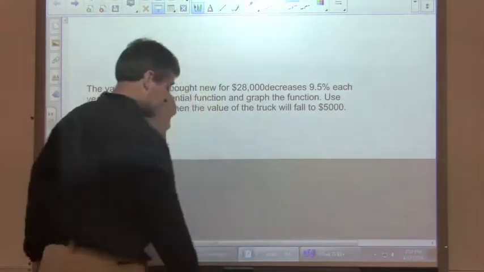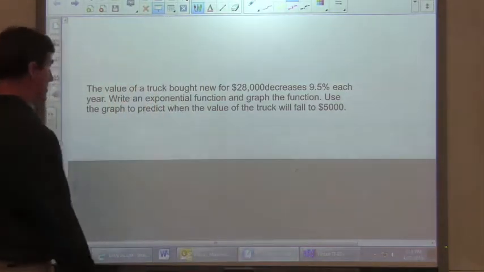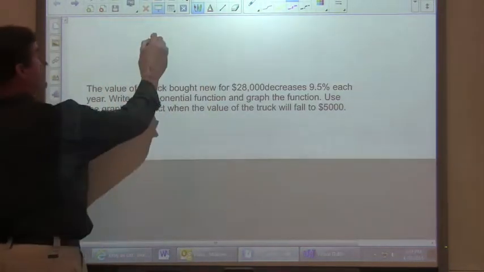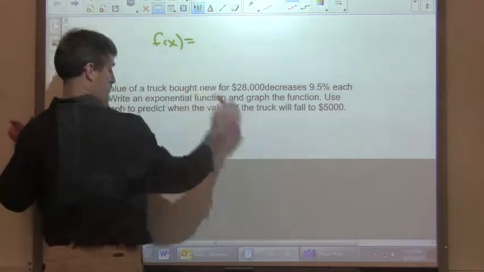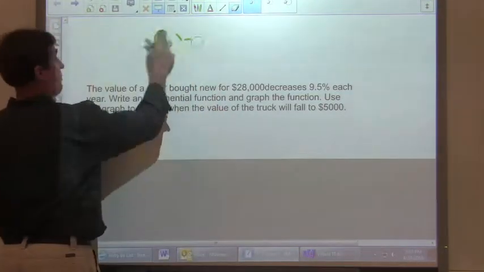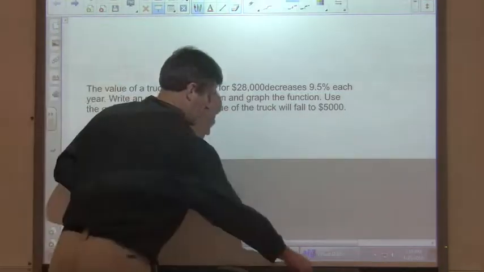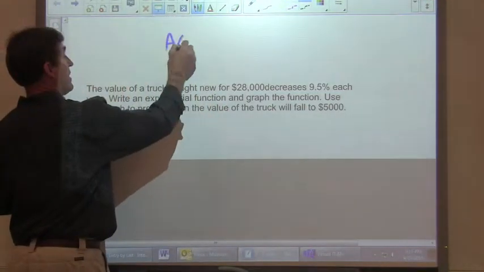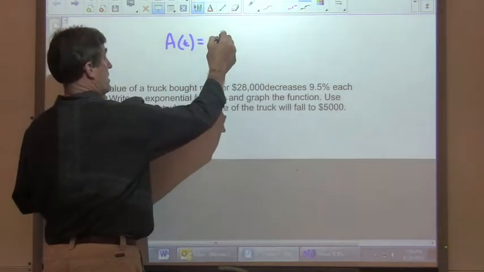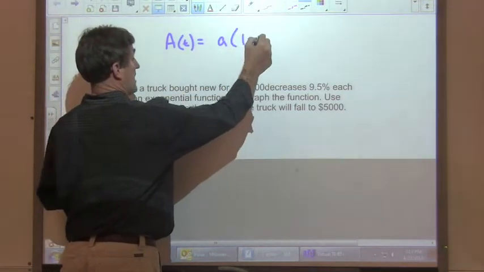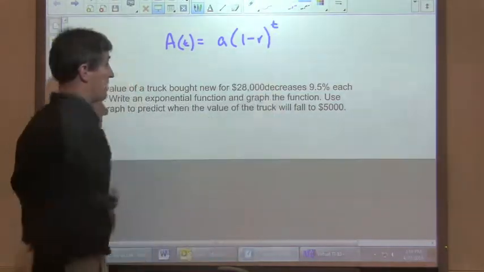So if we go to our formula now, let's use the exact formula: A of t equals a times 1 minus r to the t power.